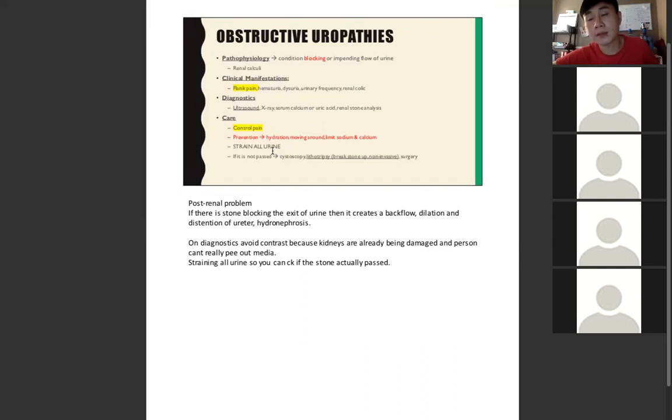Straining the urine basically means that we tell the patient to pee into a strainer so that we can see if they are passing any stone yet. If the stone is not passed, we do cystoscopy, lithotripsy. Lithotripsy basically means break the stone up. It is a non-invasive procedure. It's like a medication that the patient takes, and it helps break the stone up, and then surgery.